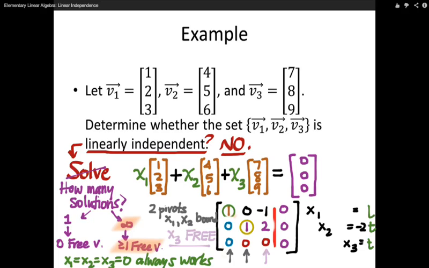And so the parametric vector form of the solution set of this system of equations, write that up here in the upper right. That parametric vector solution is x1, x2, x3 as a vector is equal to t times the vector 1, negative 2, 1.